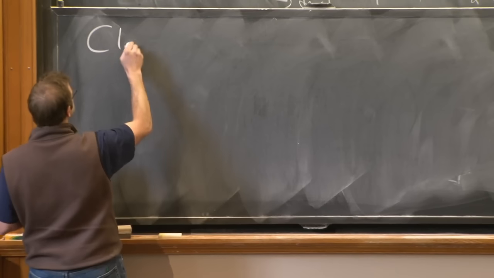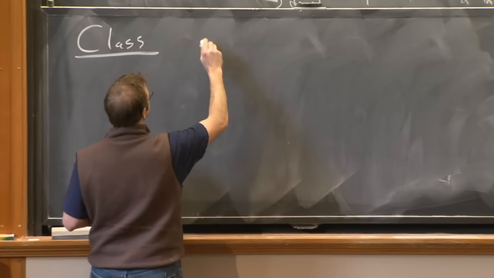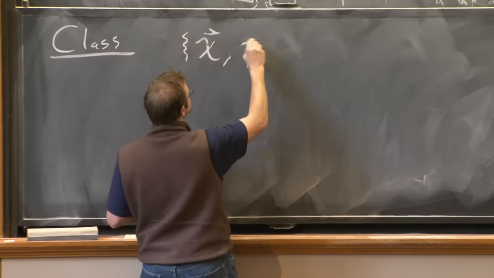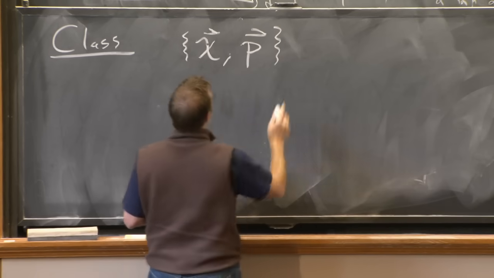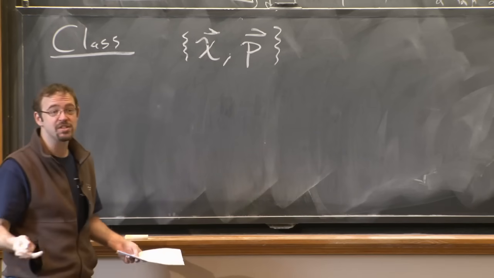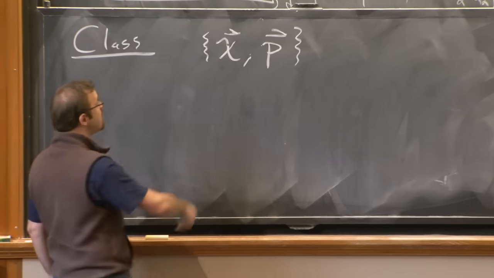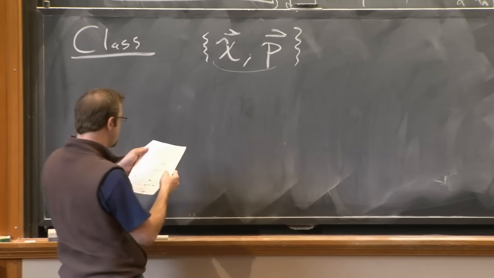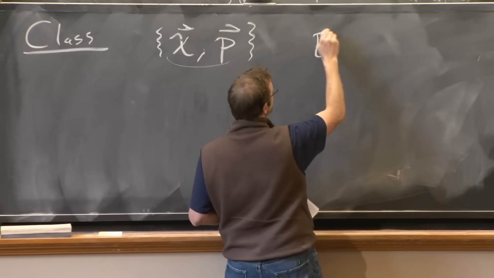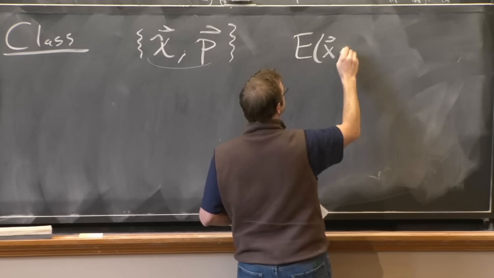So in classical mechanics, if you want to completely specify the configuration of the system, all you have to do is give me x and p for my particle. And if you tell me this, I know everything. If you know these numbers, you know everything. In particular, what I mean by saying you know everything is that if there's anything else you want to measure, the energy, for example, the energy is just some function of the position and the momentum.